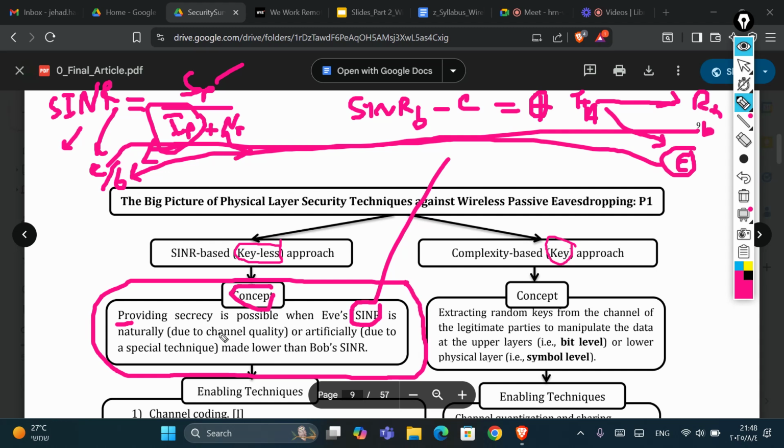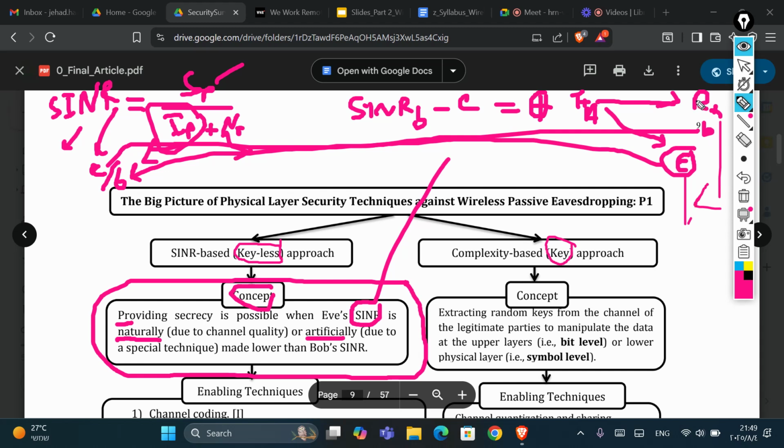But here we have two words, naturally or artificially. How can you make Eve's SINR lower than Bob's SINR? The value I measure at Bob is the SINR, and the value I measure at Eve is the SINR. I want Bob's to be greater and Eve's lower. How can I do that? We have two ways. The first way is naturally.